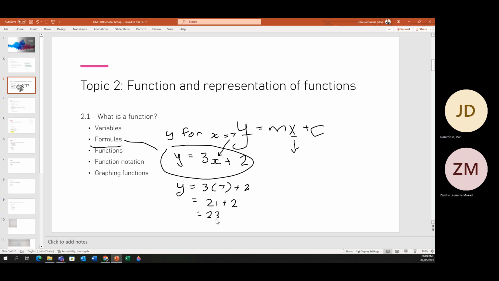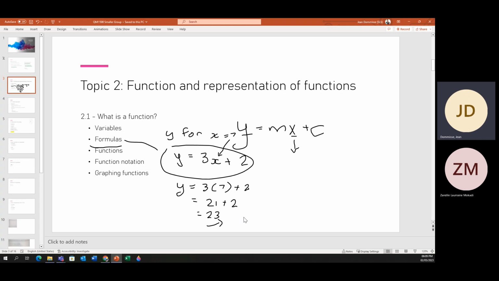So if they tell us the x is 7 and you need to calculate the y, that is how we would solve the formula.